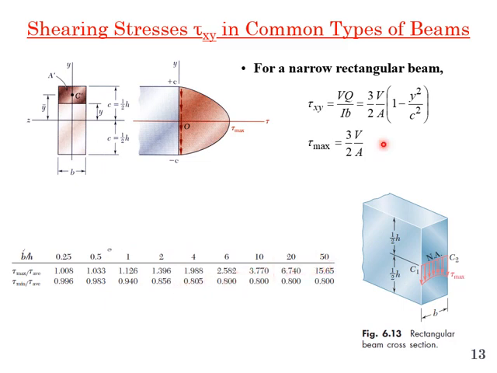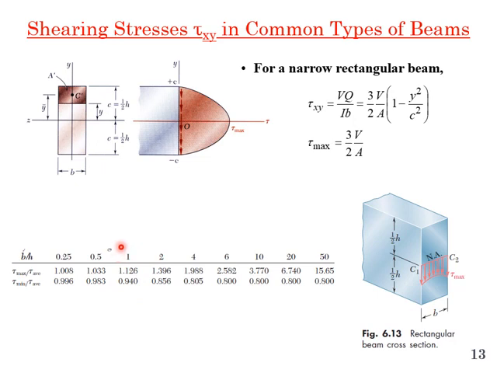This means that the relationship tau max equals 3V by 2A is only valid where the depth of the beam is larger than the width of the beam, or almost equal to it.